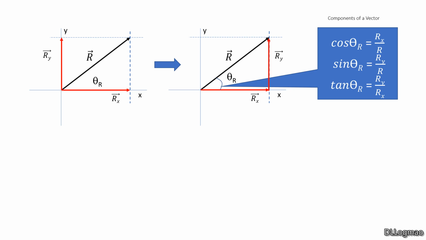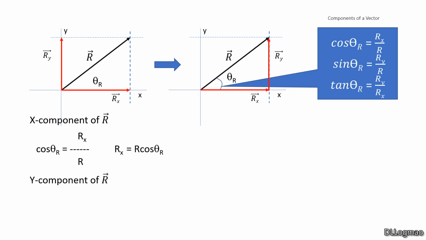The tangent theta sub r is equal to the ratio of the opposite side, r sub y, and the adjacent side, r sub x. From these definitions of the functions, the x component, r sub x, is equal to the product of r and cosine theta sub r. The component r sub y is equal to the product of r and sine theta sub r.